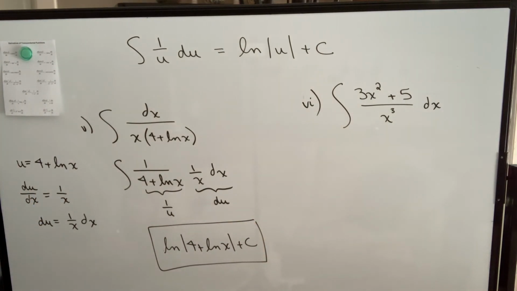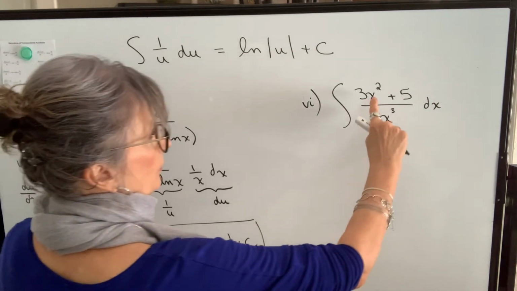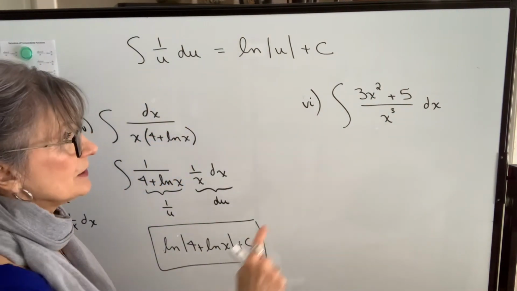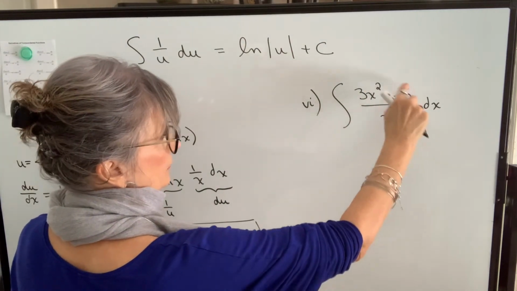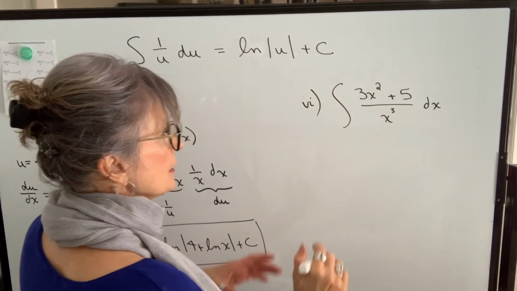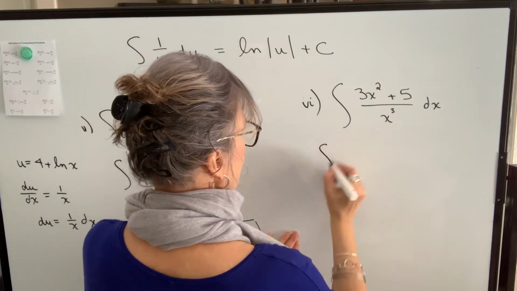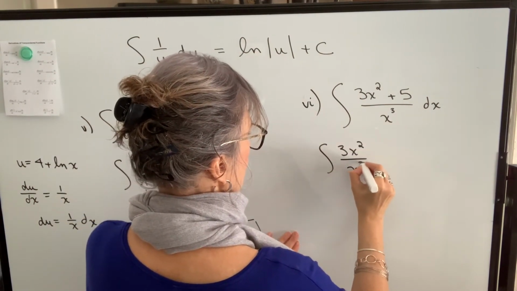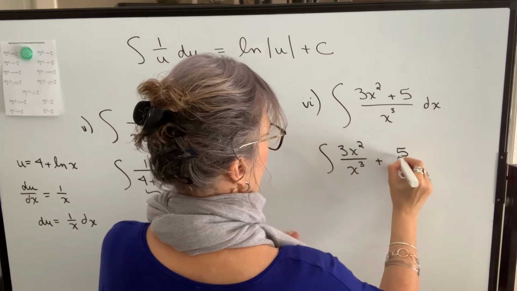In our next example, we don't know how to integrate a quotient. We can't do 1 over u because this is not going to be the derivative of x cubed. But what I am going to do is break up those terms to be 3x squared over x cubed plus 5 over x cubed.